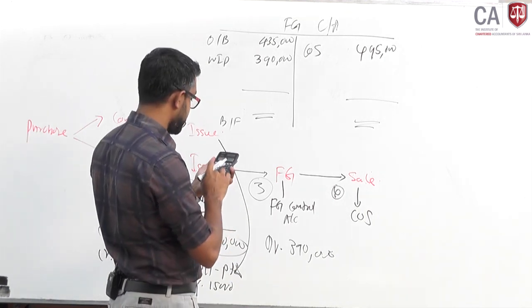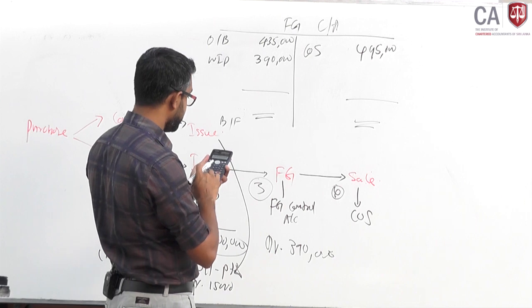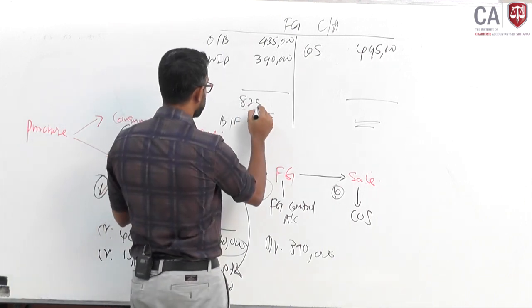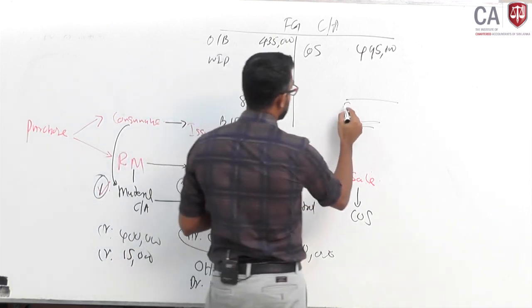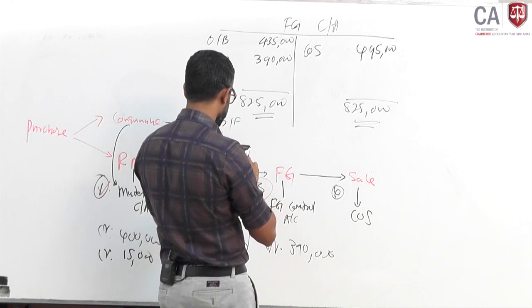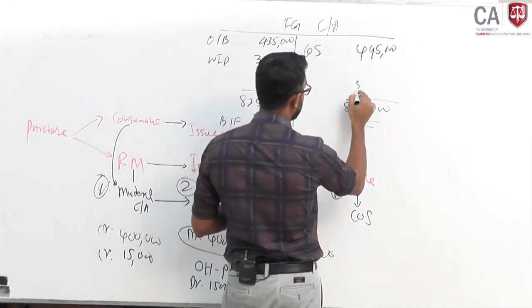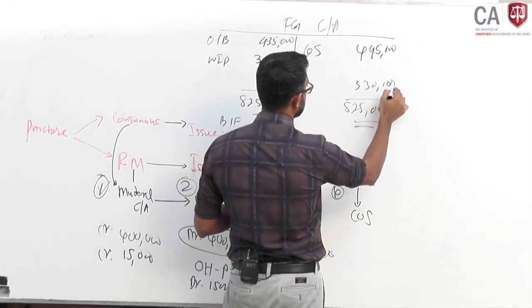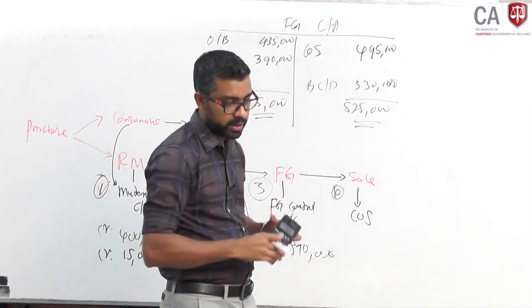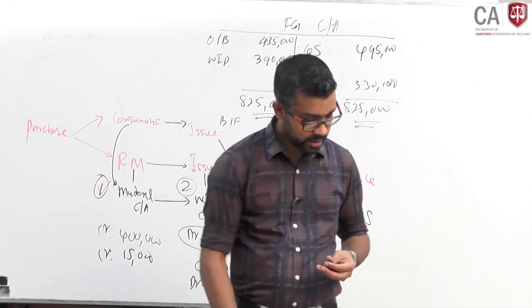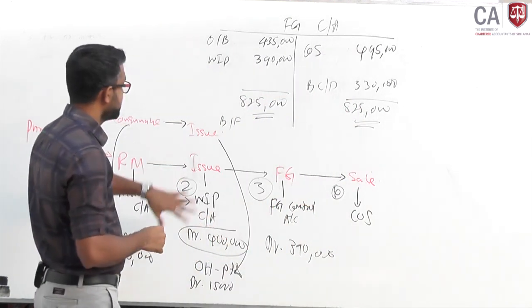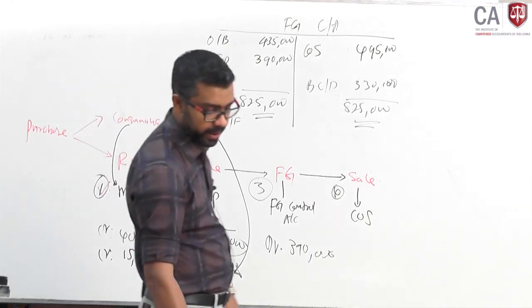Sorry, 435,000 plus 390,000, 825,000. 825,000 minus 495,000, 330,000 balance carried down, right? 330,000 done. So this is the process, right?